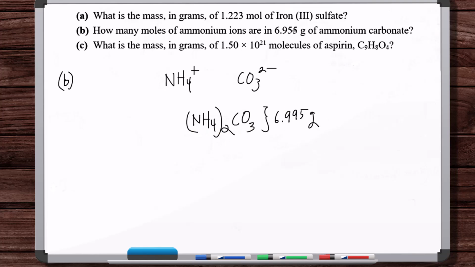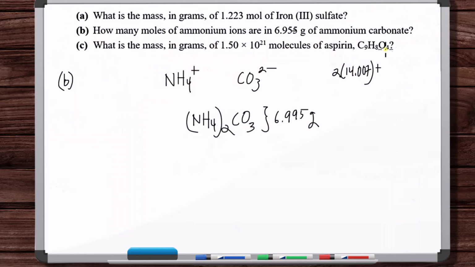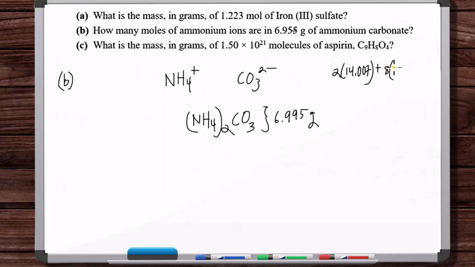So, okay, nitrogen atomic weight, 14.007. Then hydrogen, there's 8 hydrogens. Hydrogen atomic weight, 1.008.